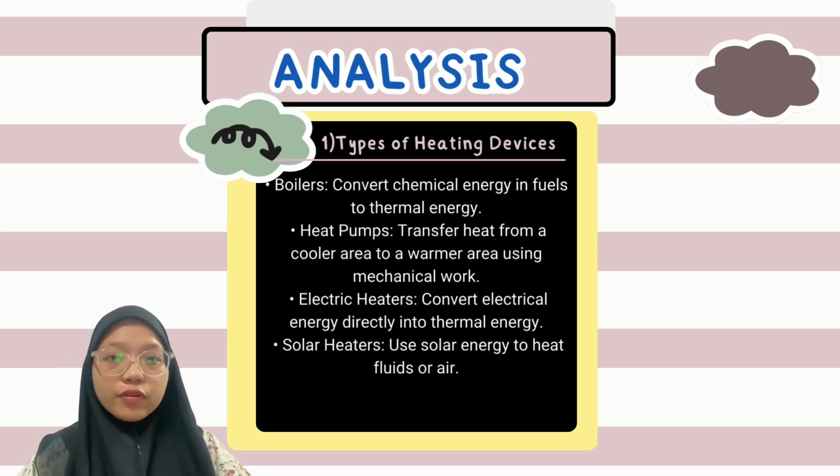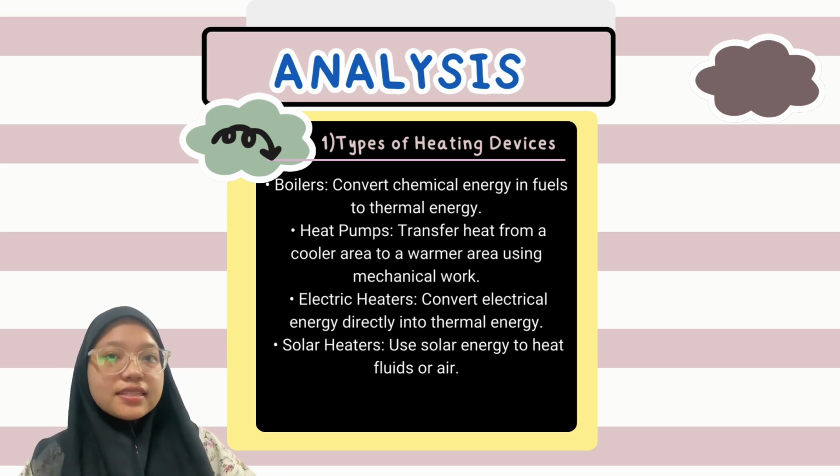Next, from this topic, we analyze that we got so many types of heating device. First type is boilers. Boilers are used to convert chemical energy in fuels to thermal energy. Second type is heat pumps.